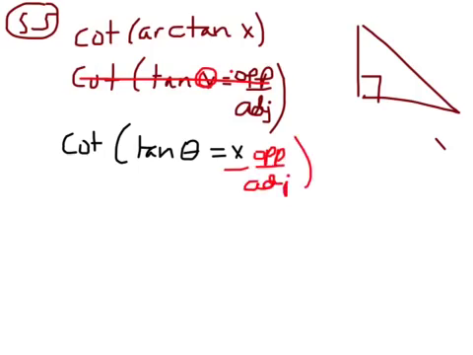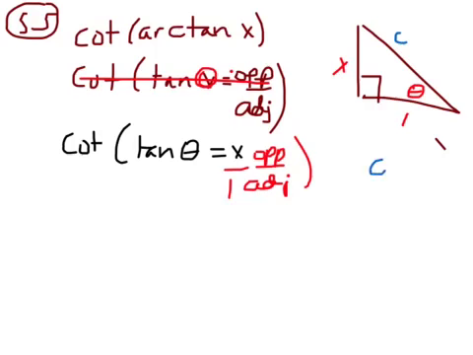So I could put that x over 1, and I could put my angle right here, because I don't know where it is, so I'll just put it somewhere in the triangle. The opposite side is x, and the adjacent side is 1. Could I find the hypotenuse to that? It wouldn't look pretty, but I could do it. Let's do it. I can use the Pythagorean theorem.